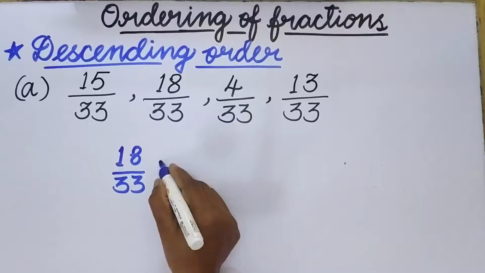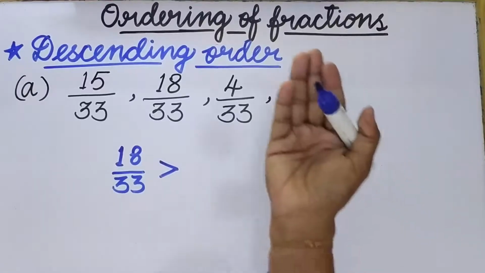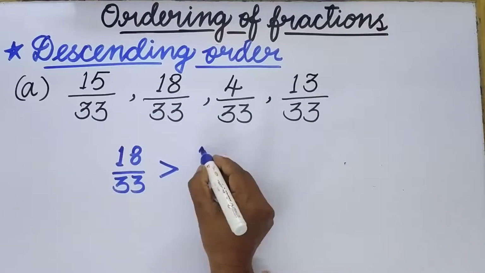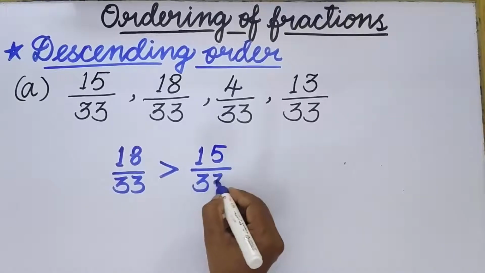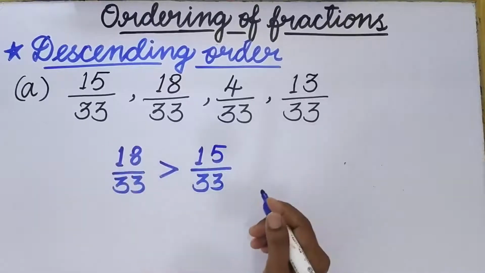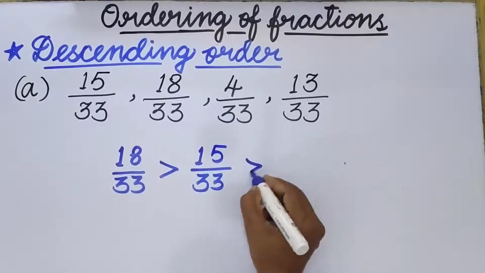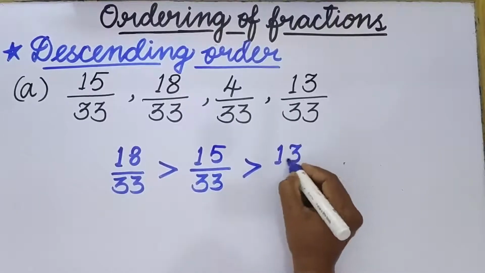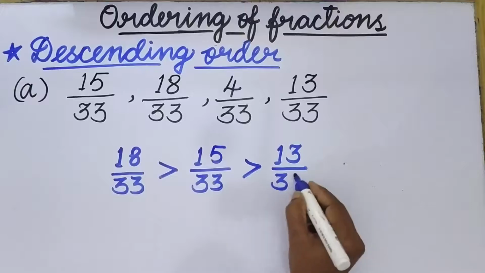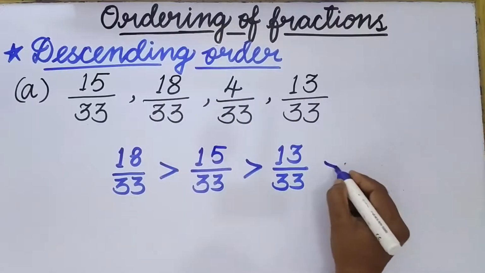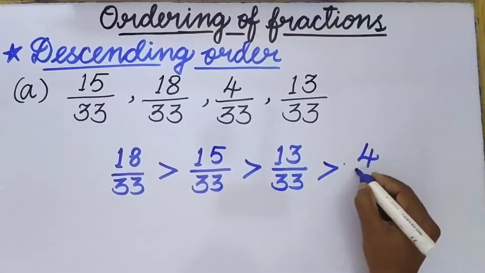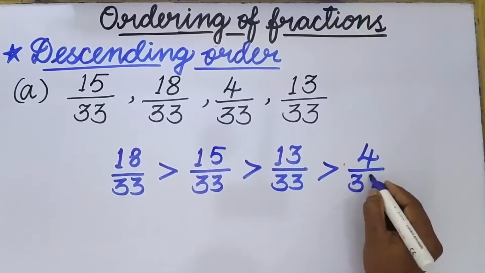Okay. So, next one, yes, 15 by 33. Then, smaller than 15 by 33, that is 13 by 33. And the smallest fraction here, yes, absolutely, that is 4 by 33.